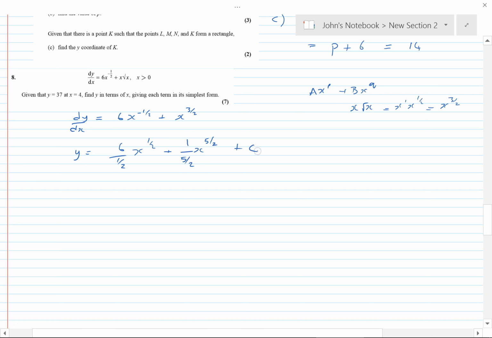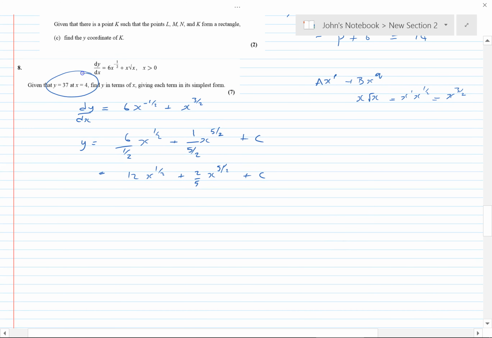Don't forget the c. A lot of people have been forgetting the constant, and we're going to work out the constant in the next part. So that equals 12x to the half plus 2/5 x to the 5 over 2 plus c.